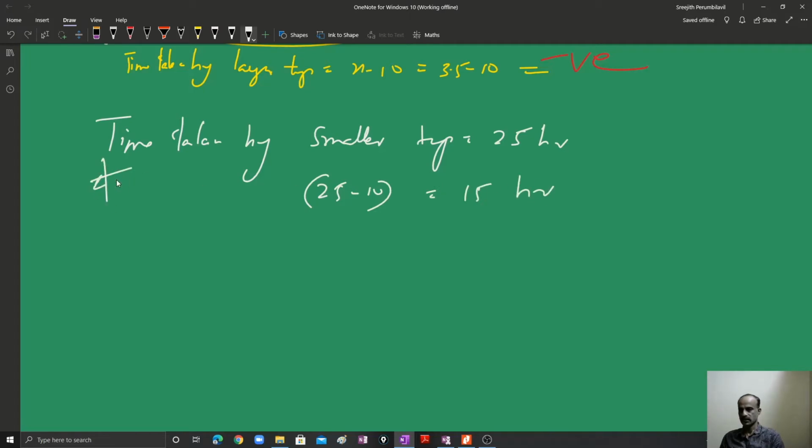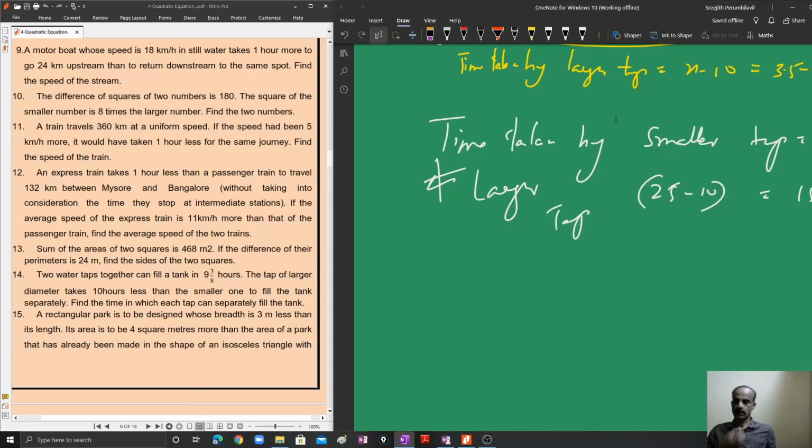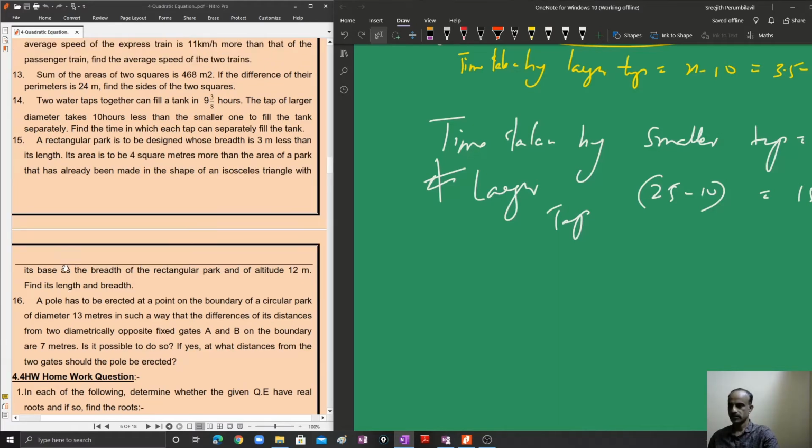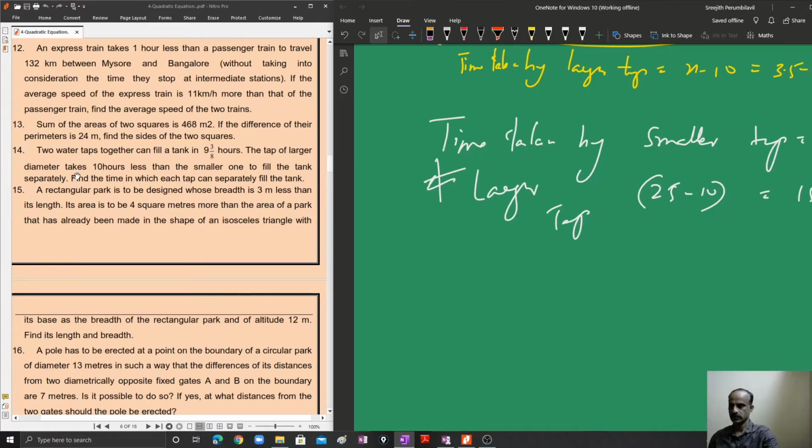Larger tap is equal to 15 hours. Okay, so that was question number 14.